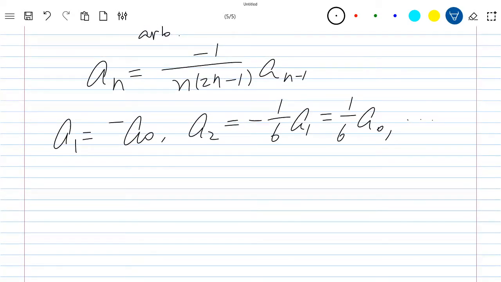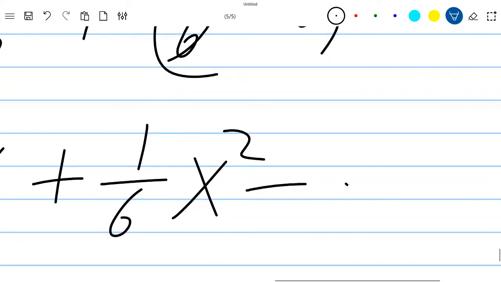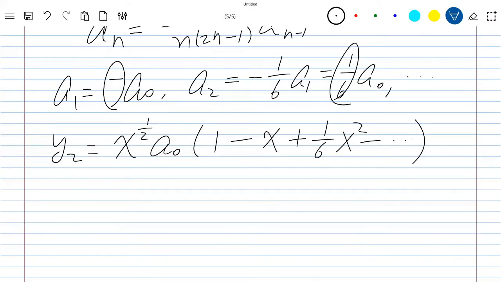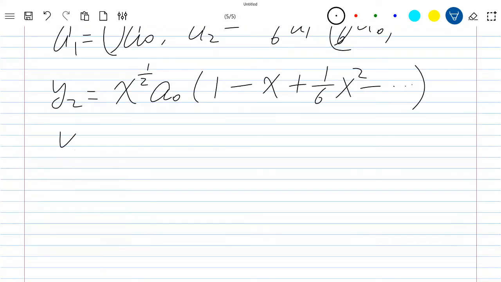So we have your second solution. y2 equals, this time you have x to the 1/2, right? Don't forget that. Then times factor a0, and 1 minus x plus 1/6 x squared. That's your second solution.